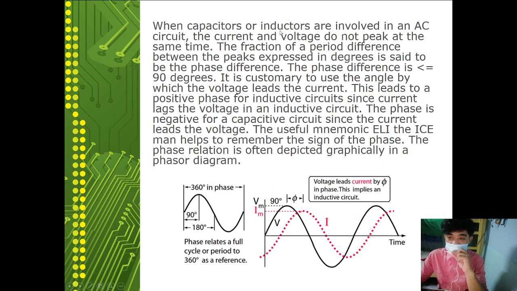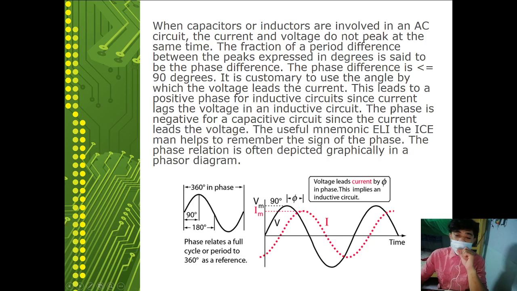When capacitors or inductors are involved in an AC circuit, the current and voltage do not peak at the same time. The fraction of a period difference between peaks, expressed in degrees, is said to be the phase difference. The phase difference is less than or equal to 90 degrees. It is customary to use the angle by which the voltage leads the current.